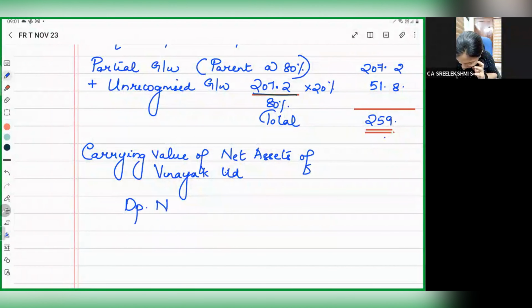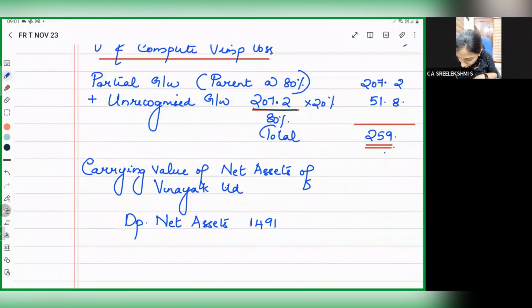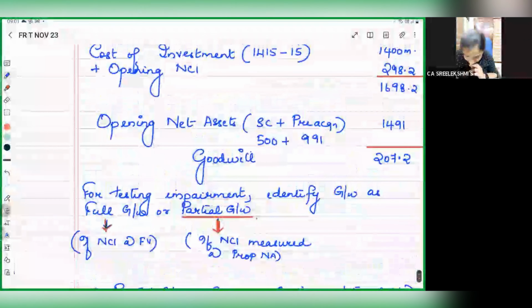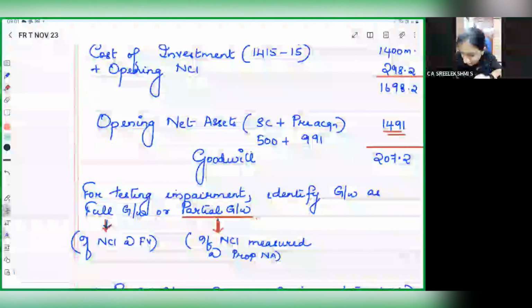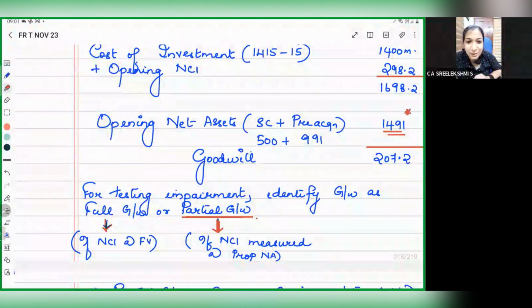How much were the opening net assets? Corrected opening net assets were 1491. Yes or no? 1491 is the opening net assets. All of you clear, right?